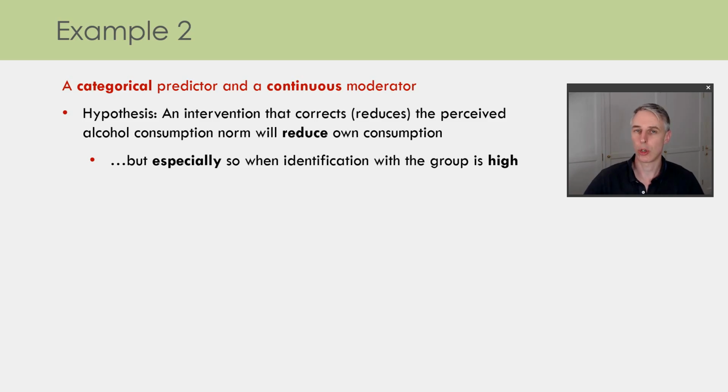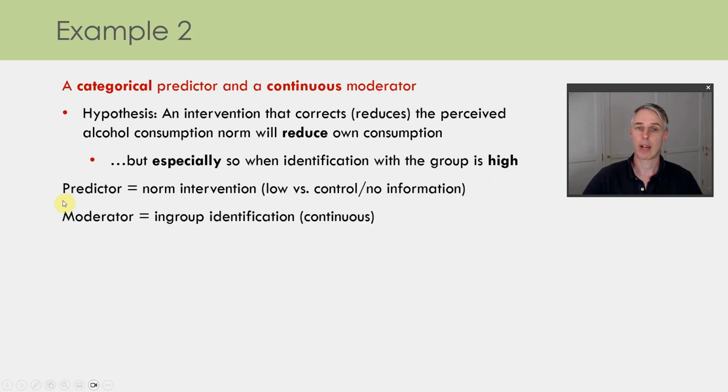But we also saw the interaction between norm perceptions and identification. So they also reasoned that that intervention will be most effective when people also identify strongly with the group. Okay, they're therefore more concerned with and sensitive to information about what other people in the group are doing.